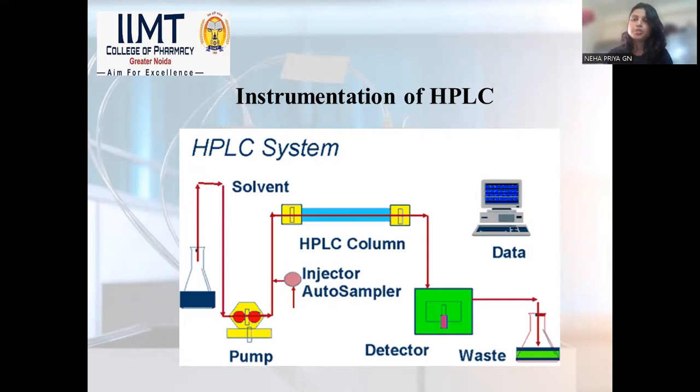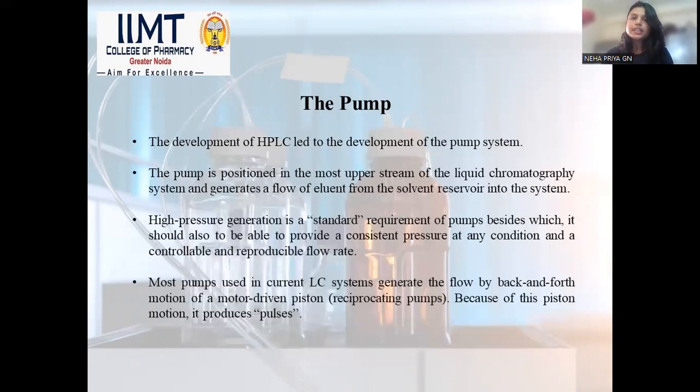So let's go back to each component and get an idea of what each consists of. The first thing is the pump. The pump gives us the high pressure. That is the most important thing in HPLC, and it is the only part that gives us precise and accurate results, as I have already mentioned.